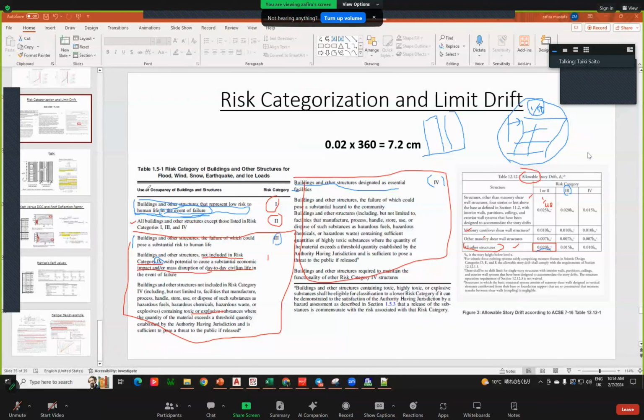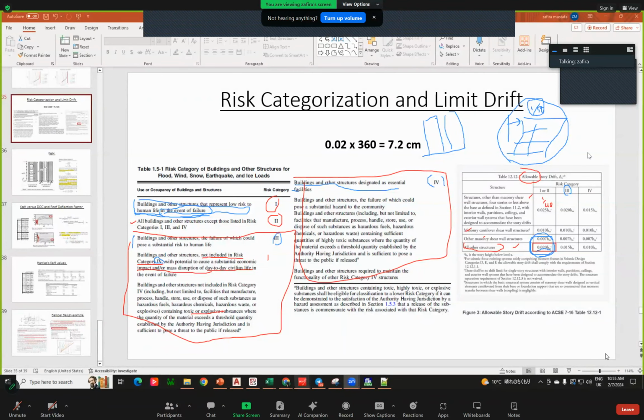Are you sure? But do you think this one is your building, category 1 or 2? Yeah, previously I was thinking 0.0. This one. Is there any example in this background? I don't understand well.